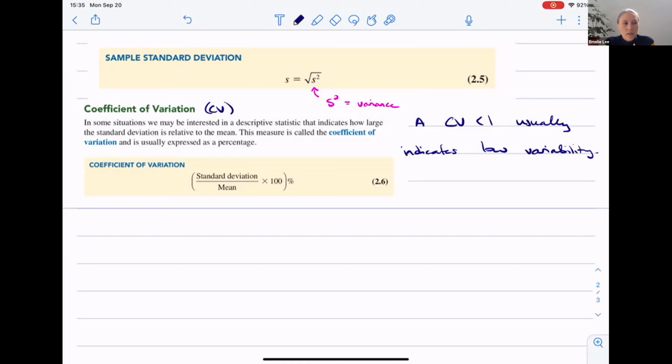One thing that I do want to note is that the coefficient of variation can only be applied to data that has a true 0. What we mean by that is 0 has to mean 0 things. There's nothing there. So $0 means that you have no money, right?